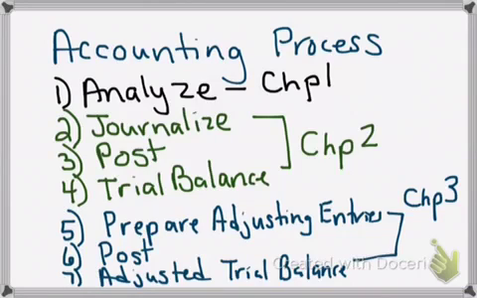We are going into that next step, steps 5 through 7 of the accounting process. So you will remember in Chapter 1, we looked at how to analyze accounts. In Chapter 2, we looked at journalizing, posting, and preparing a trial balance. In Chapter 3, we're going to look at preparing adjusting entries.